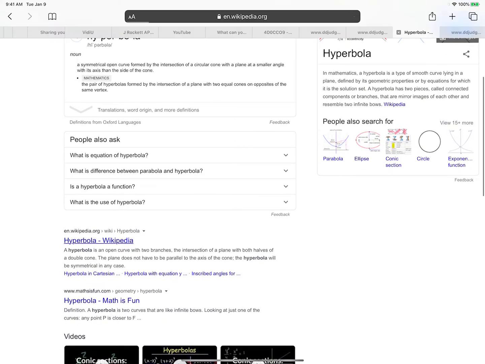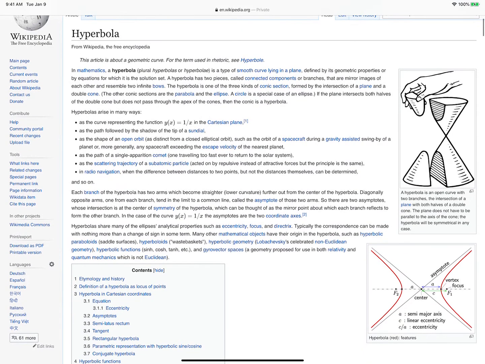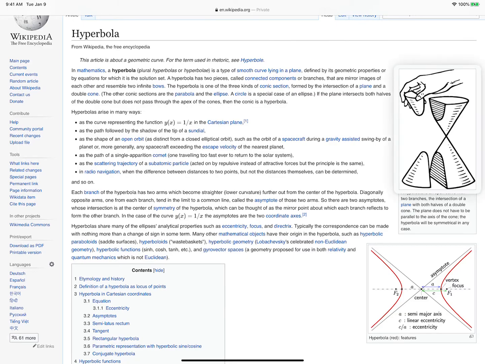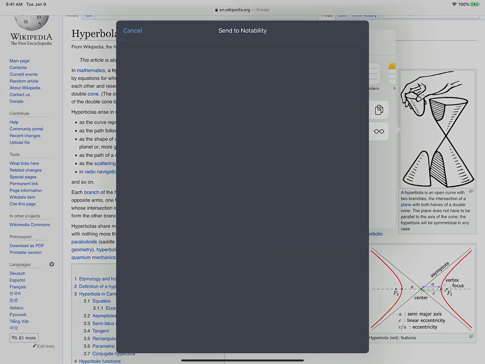Let me show you. Here's a nice picture. I want to import this, here's my hyperbola, double parabola. Add to photos, share, put in Notability.